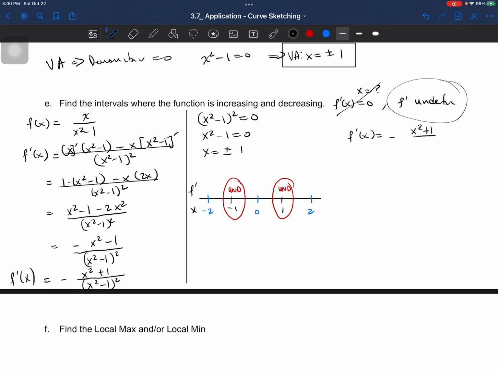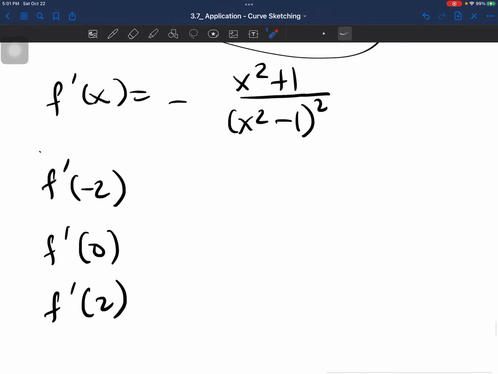And so let's look at the original derivative. And as I showed you in the other video, we can make this check much faster. We're going to check f prime of negative 2, f prime of 0, f prime of 2.